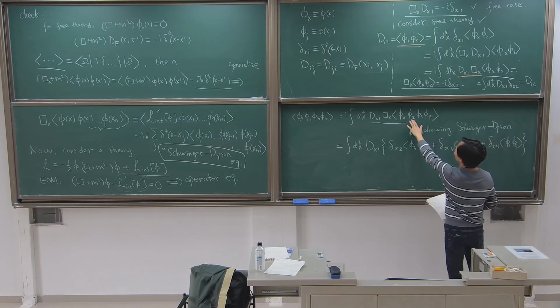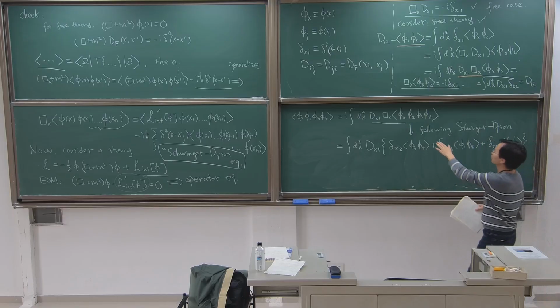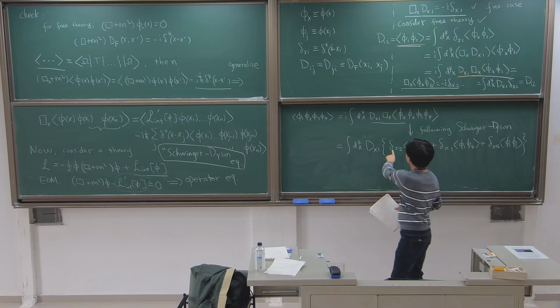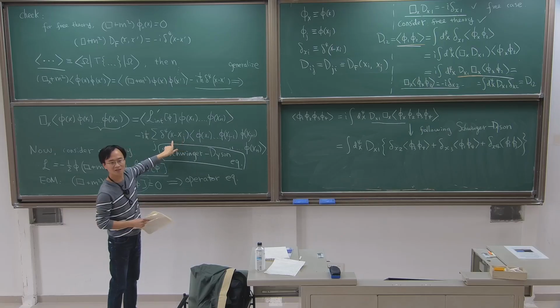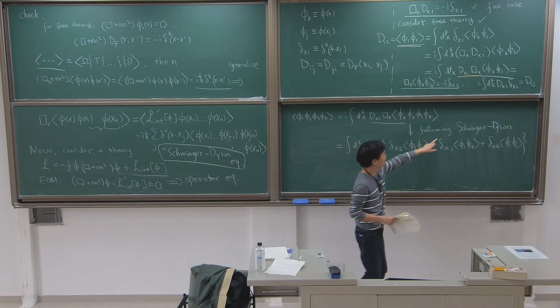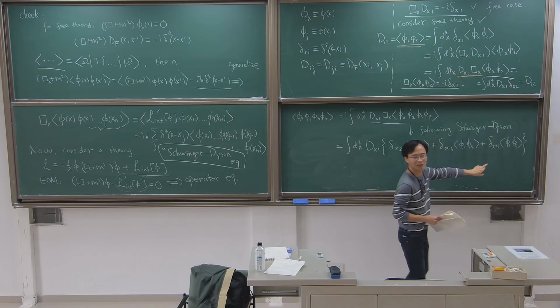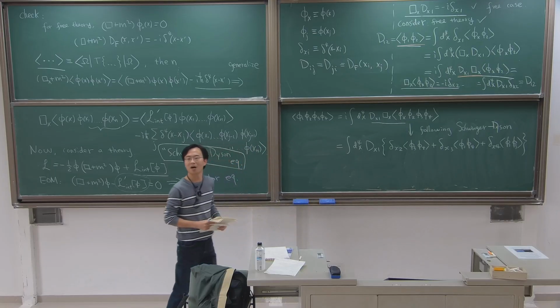Now there are 3 remaining insertions, and let's do one by one. If I erase phi 2, the payment is there is a delta x2. If I erase phi 3, there's a delta x3. If I erase phi 4, there's a delta x4. This is how these 3 terms come out.